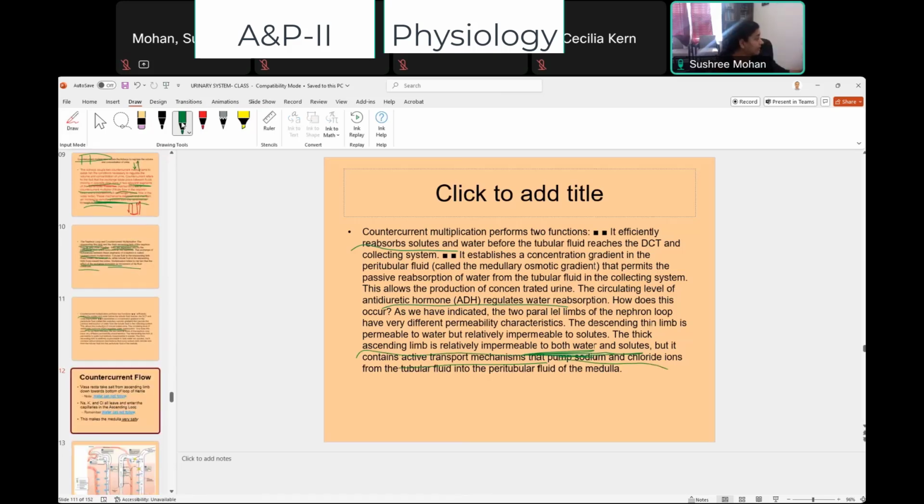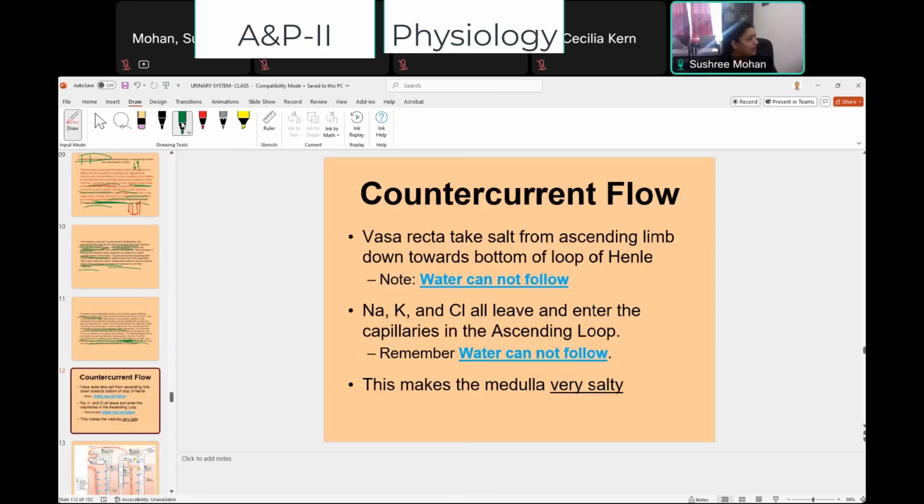So countercurrent flow: the vasa recta takes the salt from the ascending limb towards the bottom of the loop of Henle. Water cannot flow. Sodium, potassium, chloride, they all leave, but water cannot flow. The ascending limb is totally impermeable to water unless you have ADH, unless you have aquaporins added. If aquaporins are added, then water can go out.